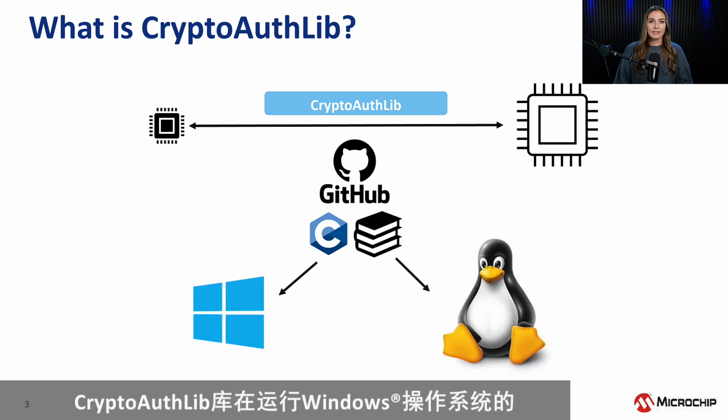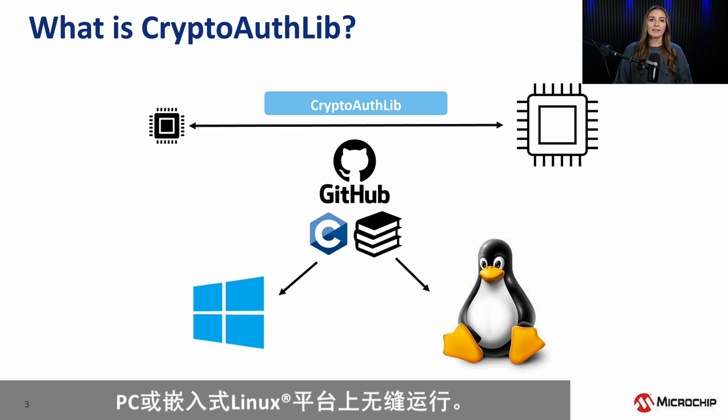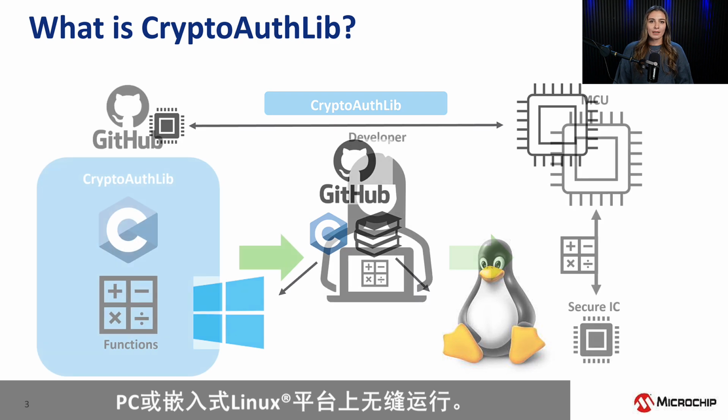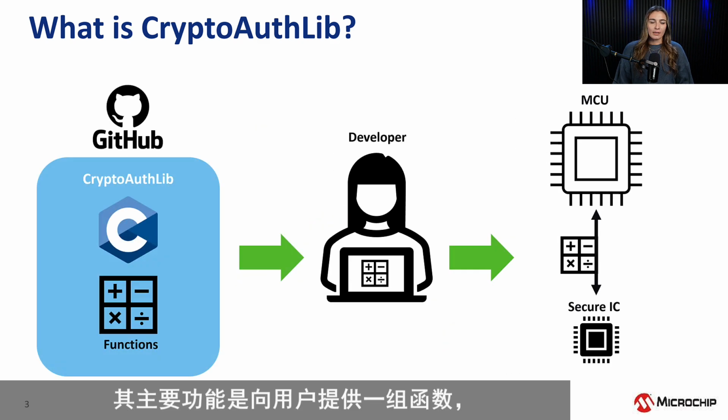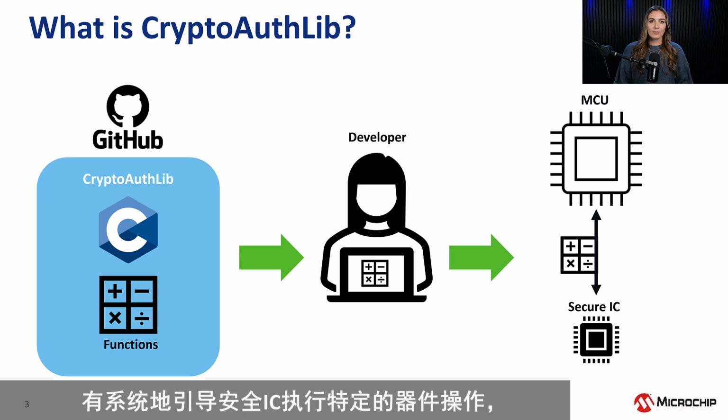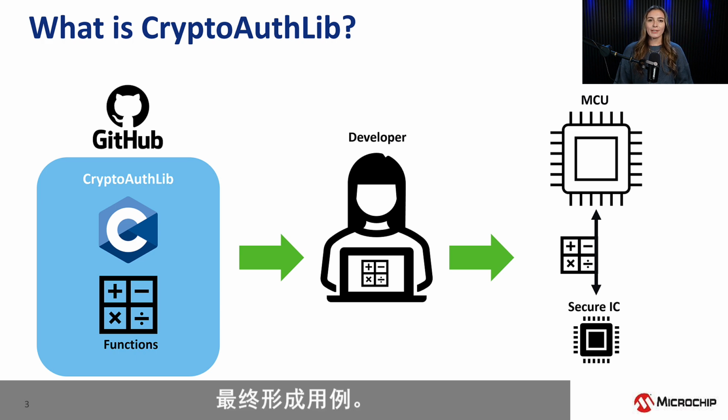It runs seamlessly on PCs with Windows operating systems or embedded Linux platforms. Its primary function is to supply users with a set of functions that systematically guide secure ICs in executing specific device operations, ultimately shaping a use case.